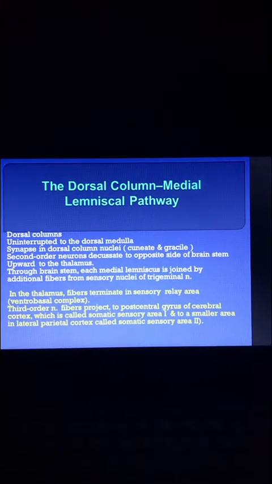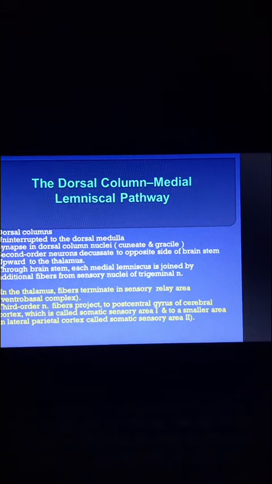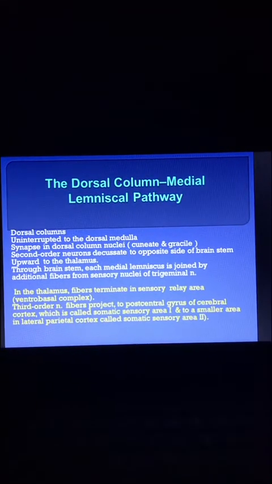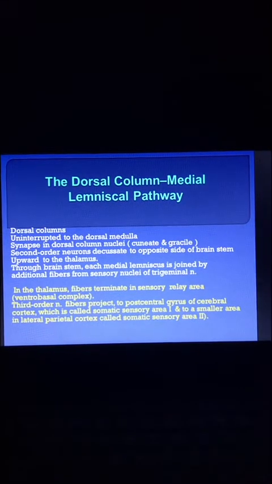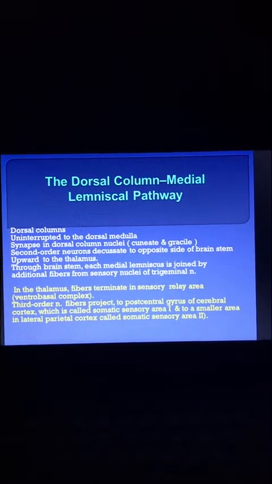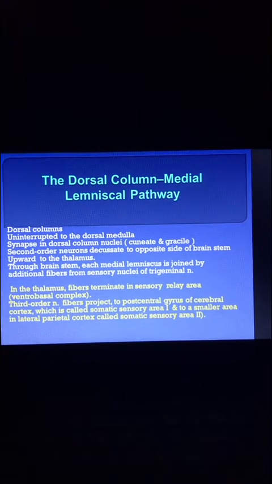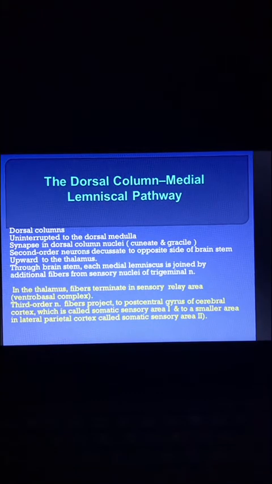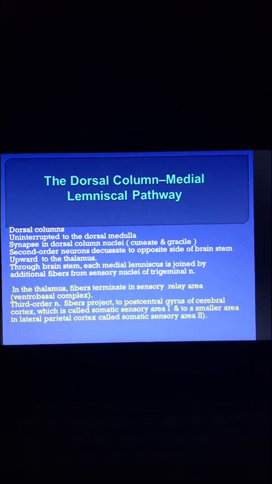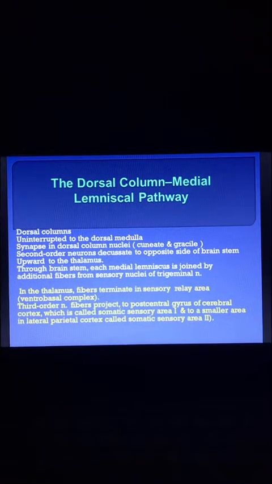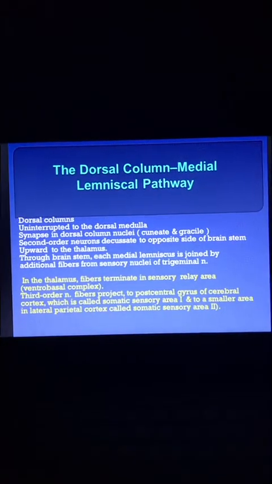They decussate to the opposite side of the brainstem, upward to the thalamus. Through the brainstem, each medial lemniscus is joined by additional fibers from the sensory nuclei of the trigeminal nerve, which is responsible for sensations of the face and the head.